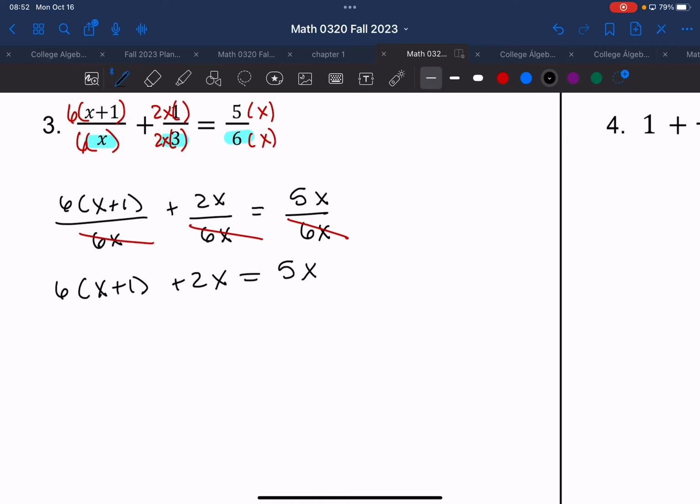Okay. I want to solve for x, so I need to make sure I have all of my x's on one side. But before I do that, what can I do with that 6? Distribute. So I have 6x plus 6 plus 2x equals 5x. Now what do I want to do if I want all my x's on the same side?